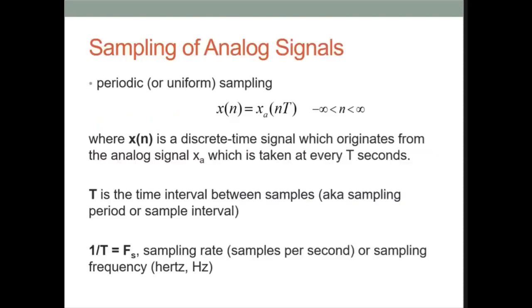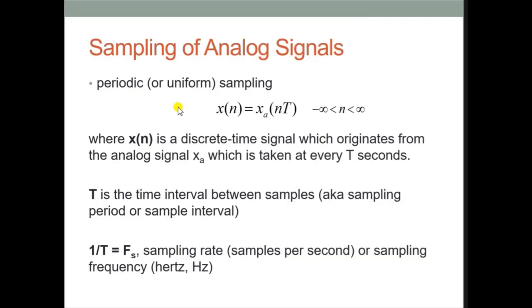Okay, so sampling is basically converting analog signals into discrete time signals or digital signals. For sampling, we need to use periodic sampling, which means that a sample is taken at every T seconds.